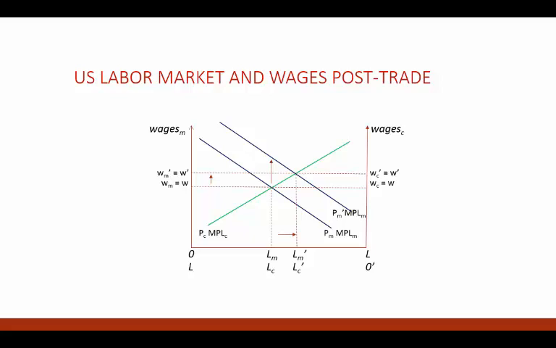Equalized wages, given that labor is mobile, results in more people being employed in machines, OLM prime, and fewer people employed in cloth production, OLC prime. Wages are now higher at W prime, but the increase in the wages, as shown from W to W prime, is less than how much the machine demand shifted due to the post-trade machine price increase.